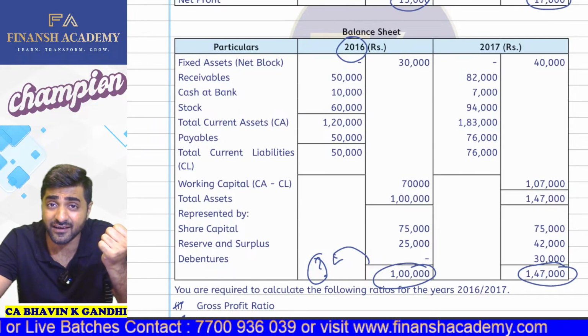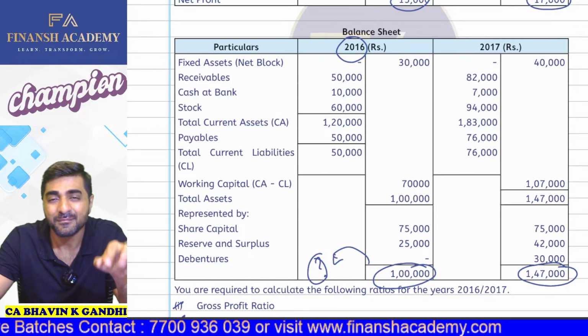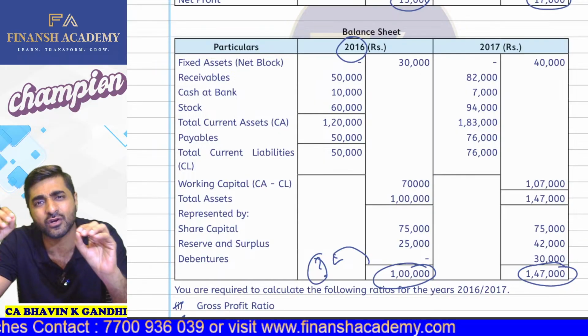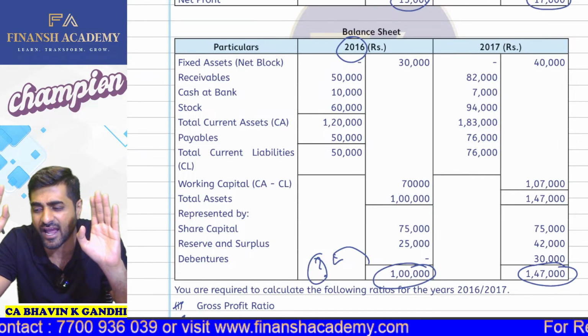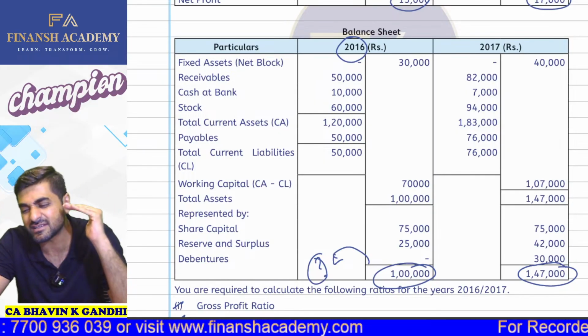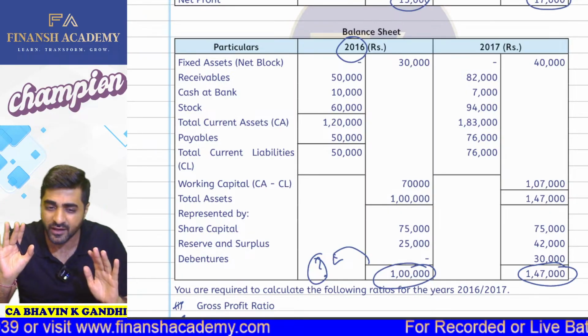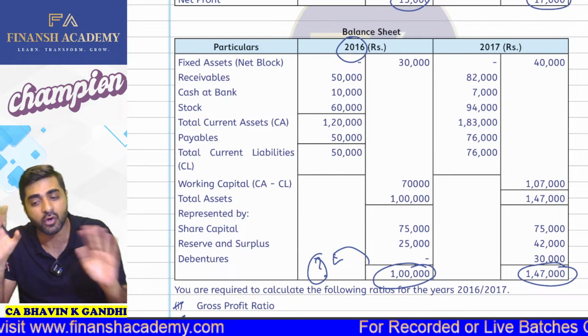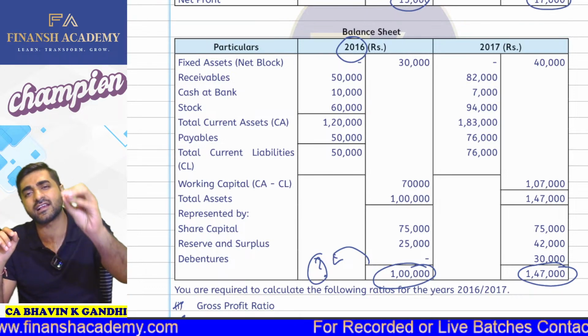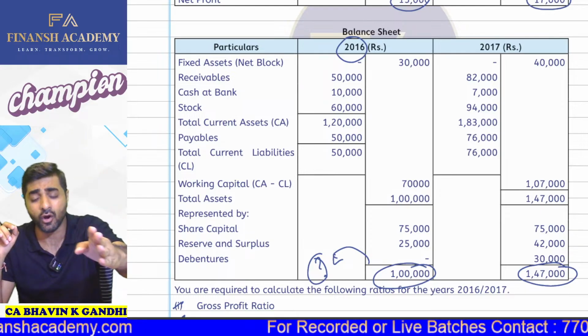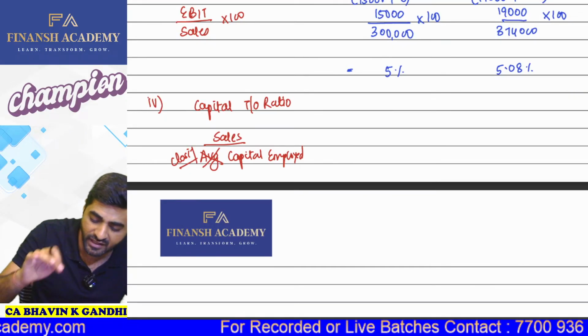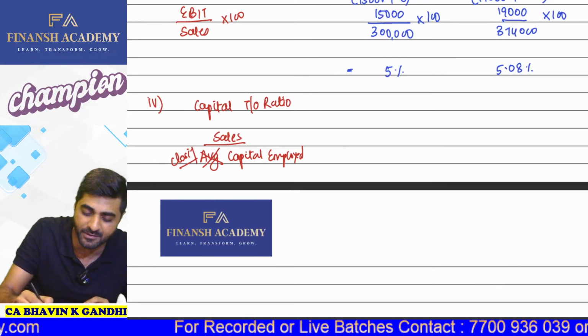For the second year, though the opening is available, still we are going to take into consideration closing only. We are not going to consider average. Why? Because we want standard measures of comparison. So that's why we are not going to take opening. We are going to take closing only for both the years. This is something for which I'll give you a note towards the end. But I hope you have understood this part, that in your capital employed, we have to take closing capital employed.